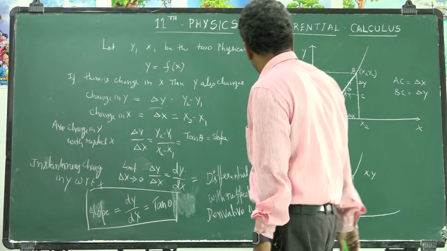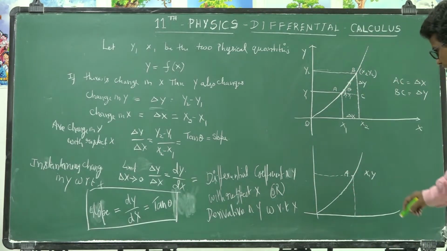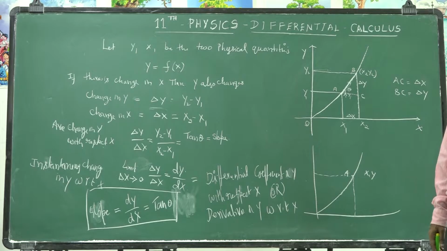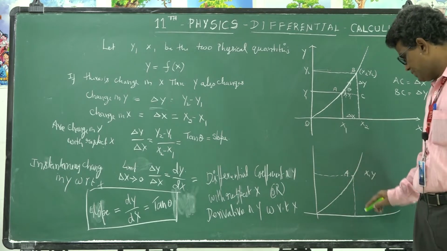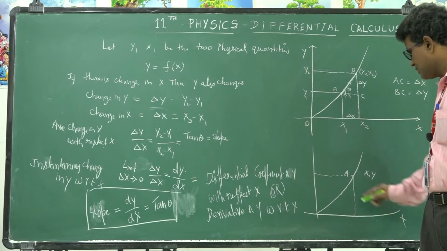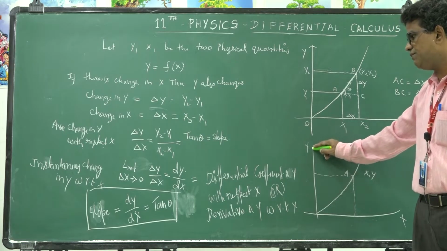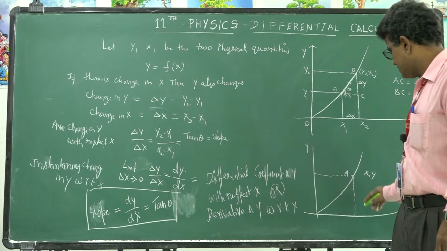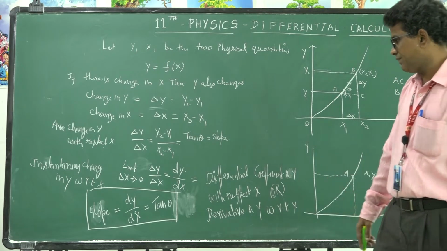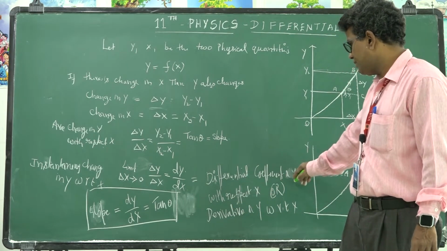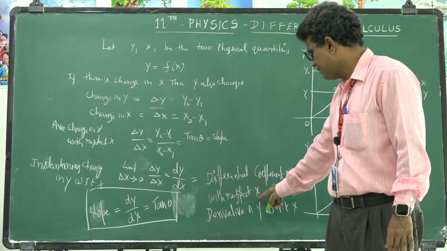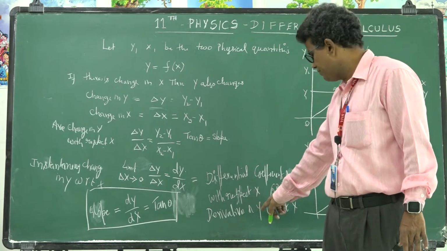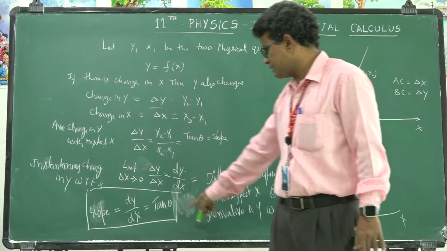That means if the curve is at a particular point, at a particular instant of time, if there is a small change in x, there will be a corresponding change in y. At this point, how y varies with respect to x, we can call it as the differential coefficient of y with respect to x, or the derivative of y with respect to x.